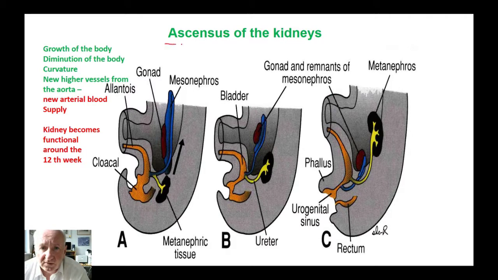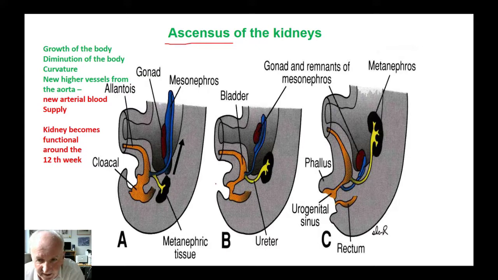This is also important to know that the kidneys are rising slightly cranially into the definitive position, where they should be. So you see the short ureteric bud, you see metanephrogenic blastema, you see the Wolffian duct, ductus mesonephricus, and you see the cloaca.